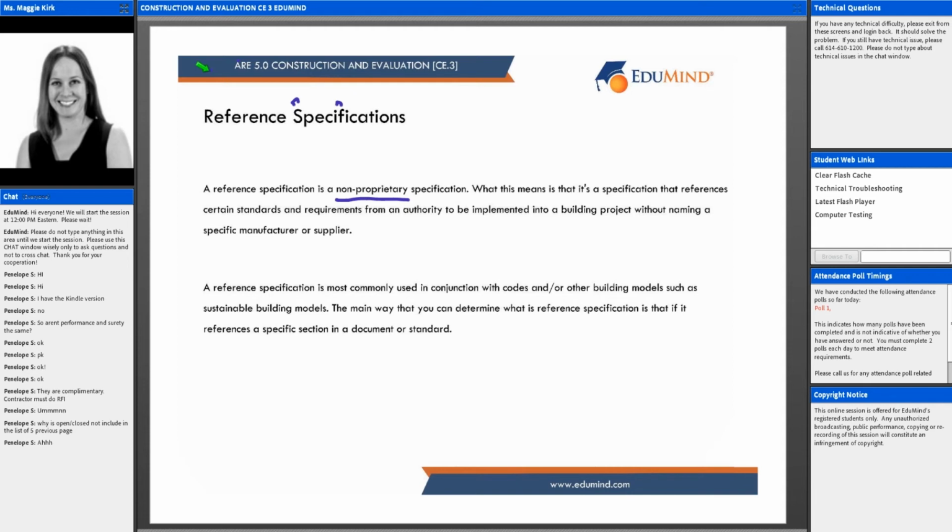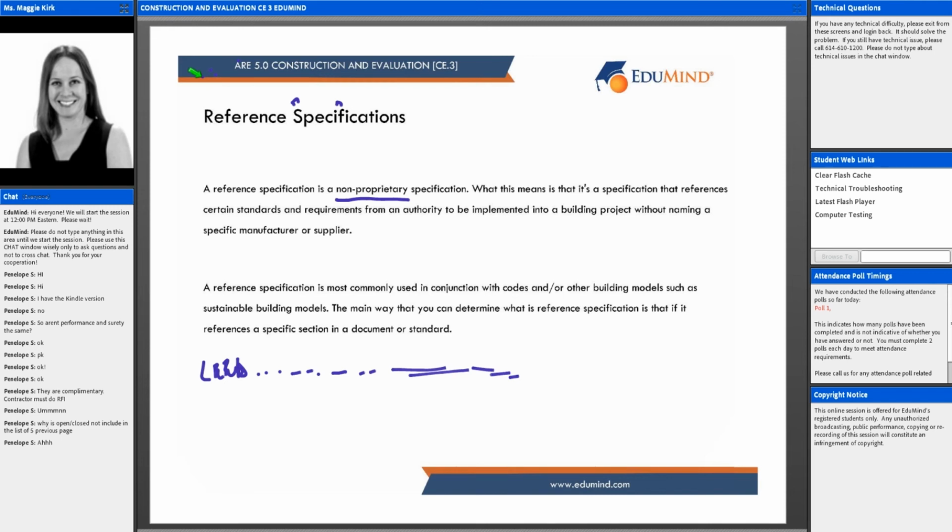And again, the main way to identify it is that it references a specific section in a document or standard. So if I want to certify something to LEED, a reference spec would say, from LEED's such-and-such standard, this is how something is to be constructed.